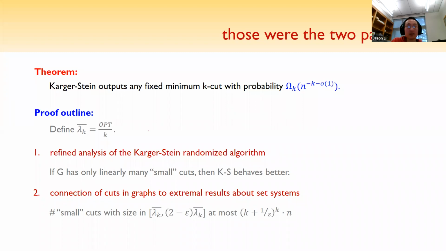Okay. So again, this is a recap of our main strategy, where we refine the algorithmic Karger-Stein randomized contraction algorithm by using this improved bound on the number of small cuts of a graph.